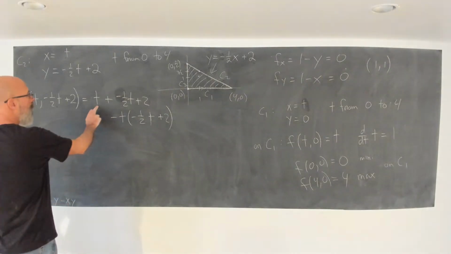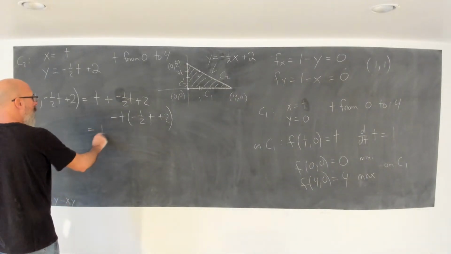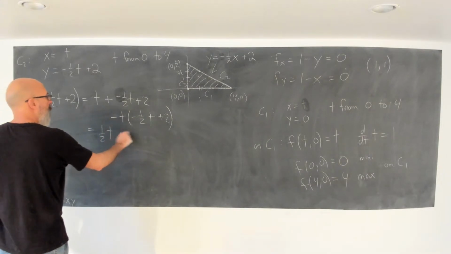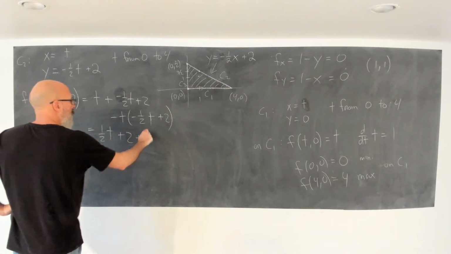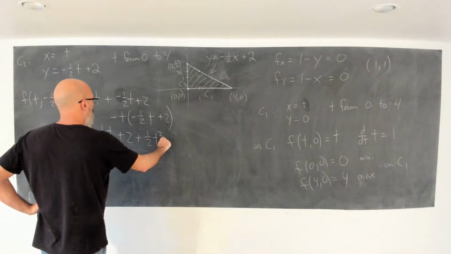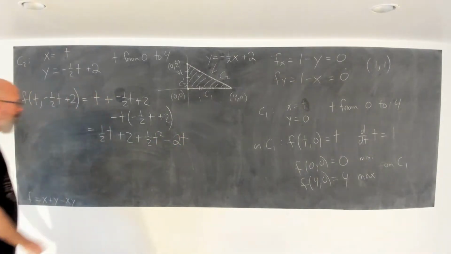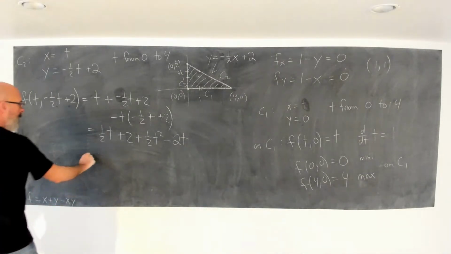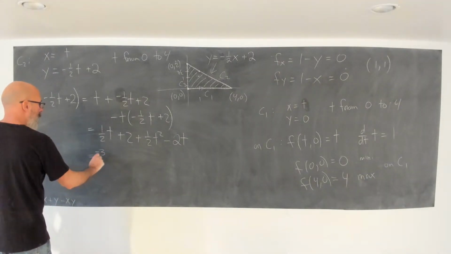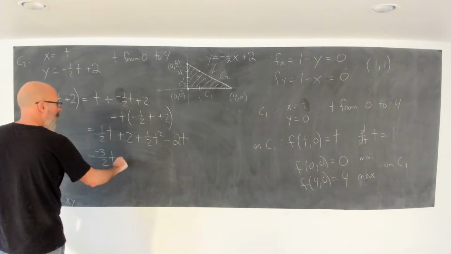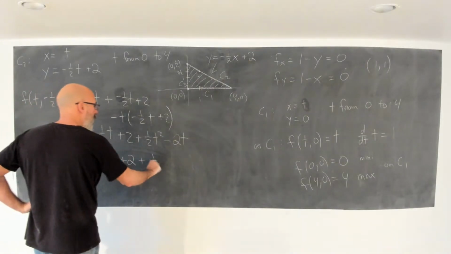What is that? T minus 1/2 t plus 2 plus 1/2 t squared minus 2t. Or, if you prefer, minus 3 over 2 t plus 2 plus 1/2 t squared.